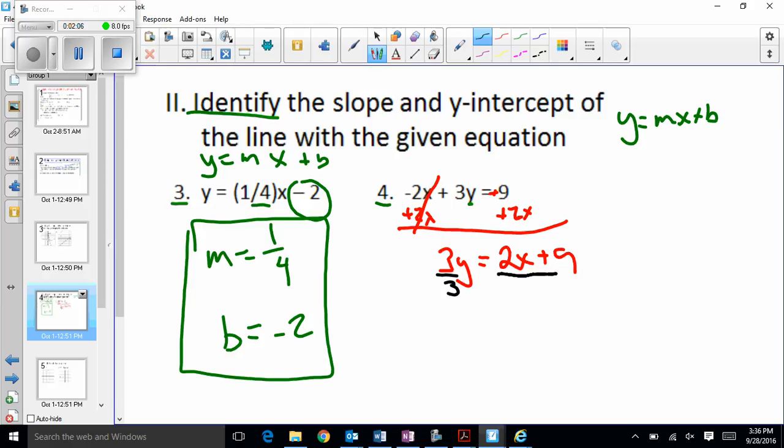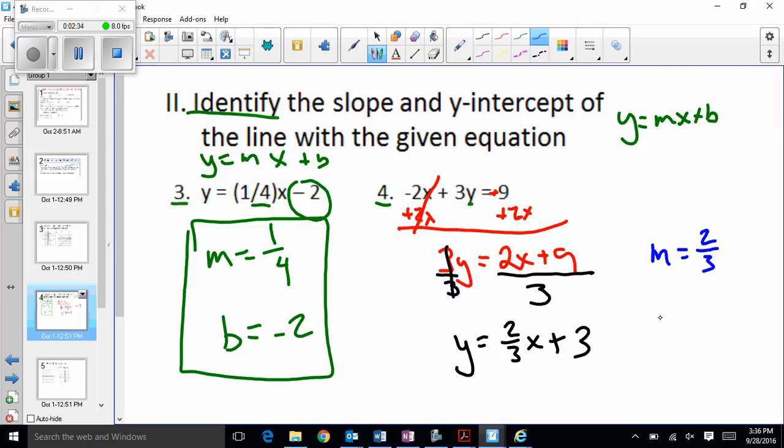On the other side, I divide all of that by 3, so that now, once I simplify this expression, each one of these terms gets divided by 3, so I get 2/3 x plus 9 divided by 3, which is 3. So in this case, when I identify the slope, it's now in the slope-intercept form here. The slope is going to be 2/3, and the y-intercept is 3.